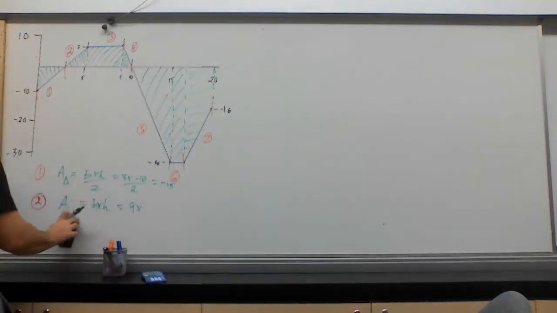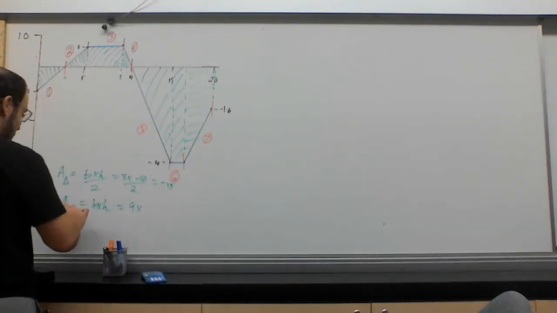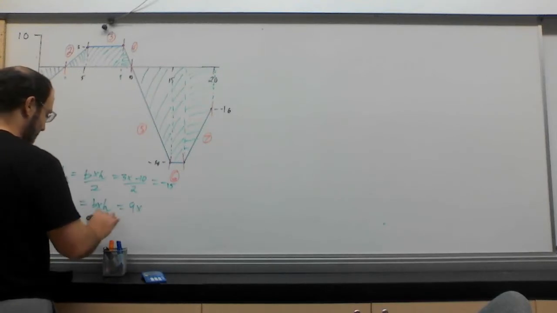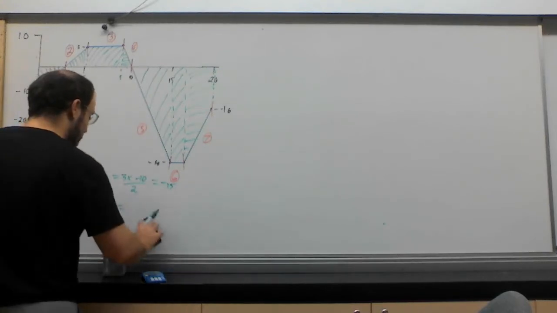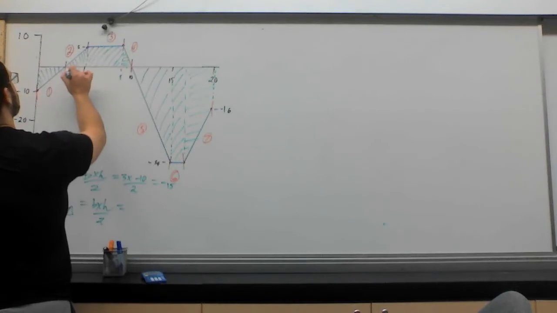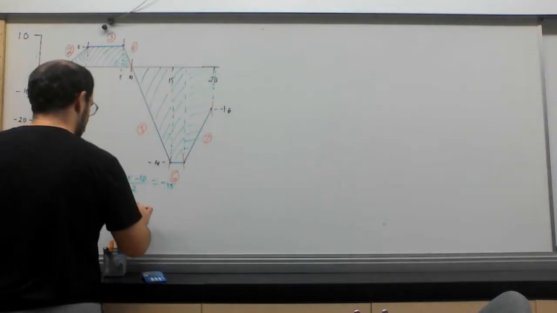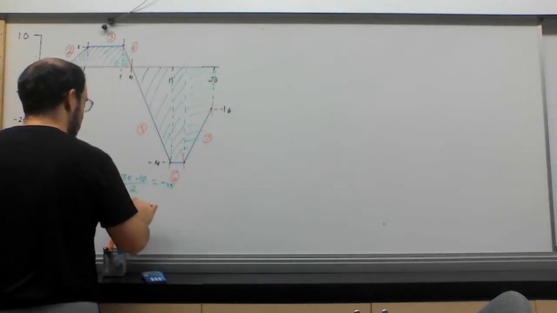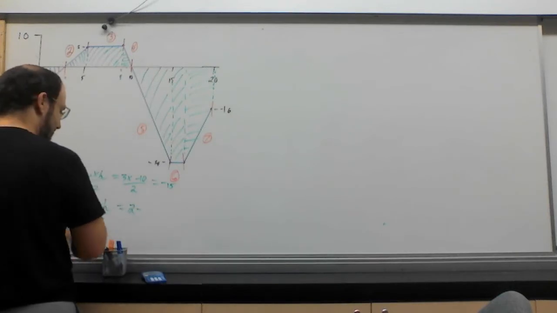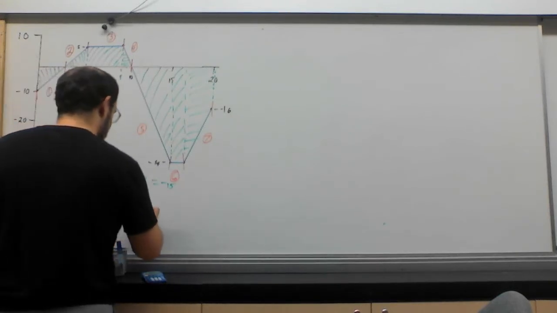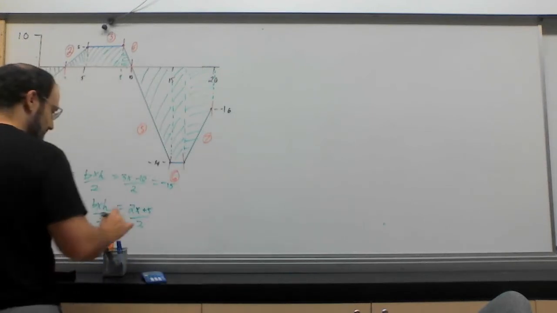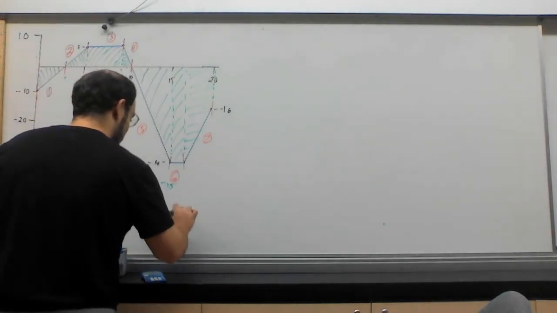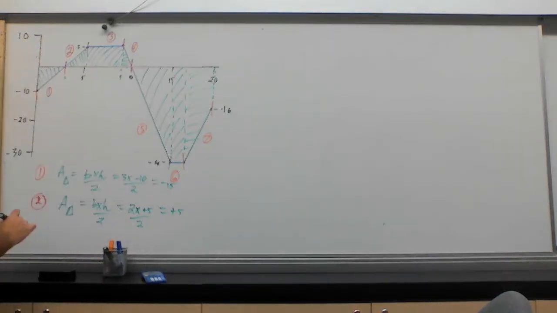I'm not looking at a square yet. I'm looking at number 2. Come on, Mr. C, that's a triangle. There we go. So it's going to be from 3 to 5. So it's going to be 5, 2, times, in this case, +5. I was going to make it negative. Times +5 divided by 2. So that's going to give us +5. It's a pretty small area.